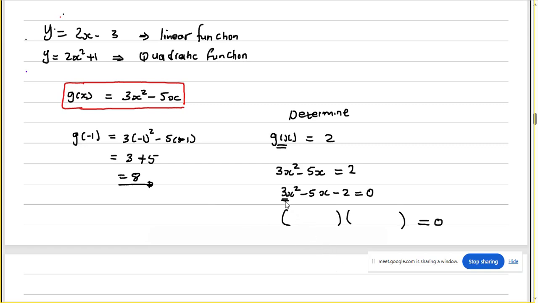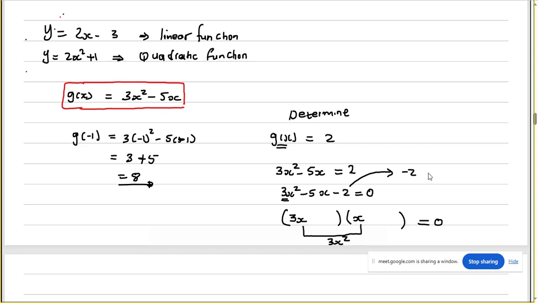You see the first 3x squared. You're going to write the 3x this side. You put the x on the other side so that when you multiply these two, they give us 3x squared. You understand? Yes. Okay. Then you're going to take the minus 2. You need to find the factors of 2, right?